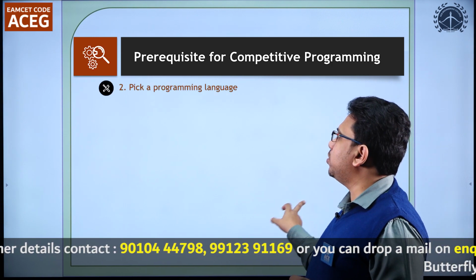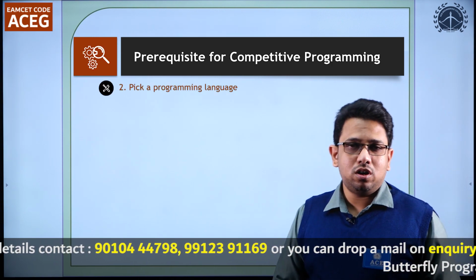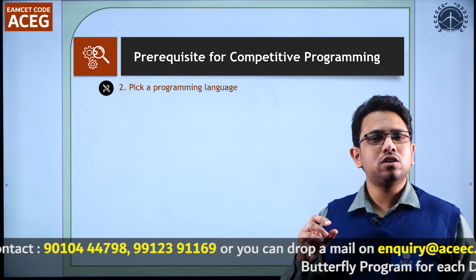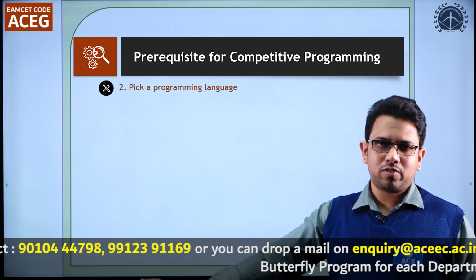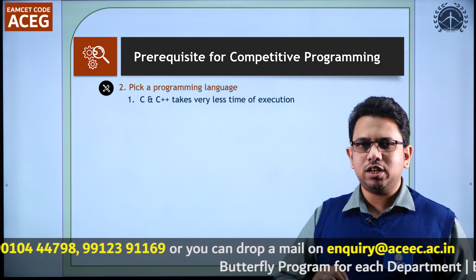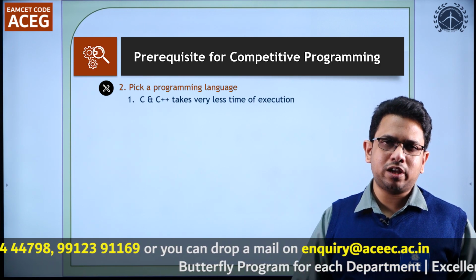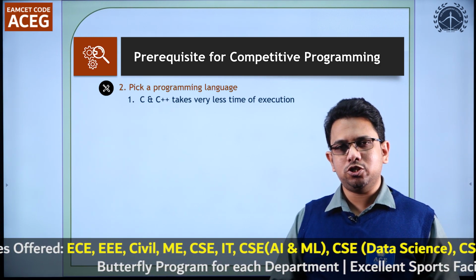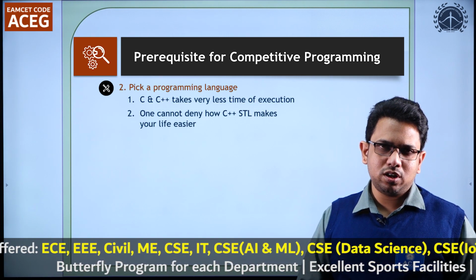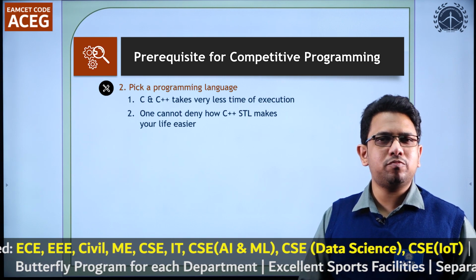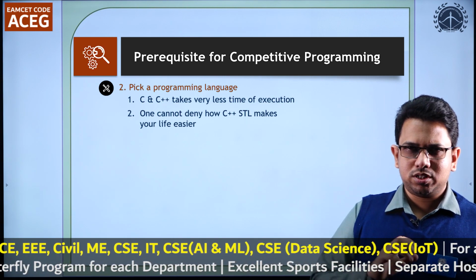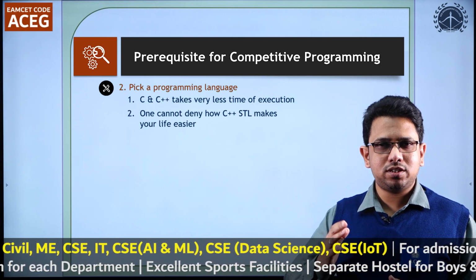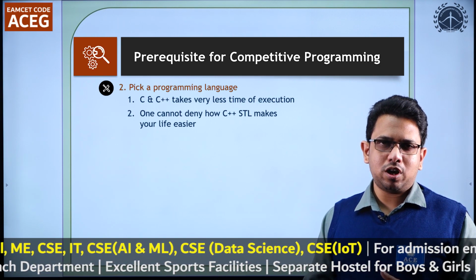The second point is picking a programming language. This is a very important step. An ideal language is one which gives you good time and space performance. Two programming languages, C and C++, are considered the best for competitive coding, but I personally prefer, especially for computer science and IT engineers, to go with C++ as the choice for competitive programming, because they are very close to the computer and take very little execution time compared to other programming languages.